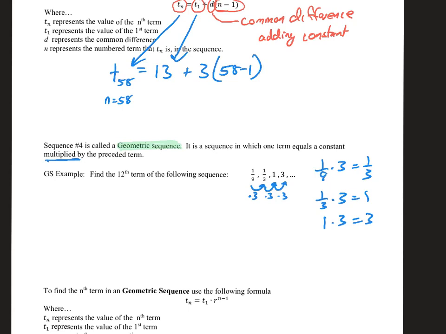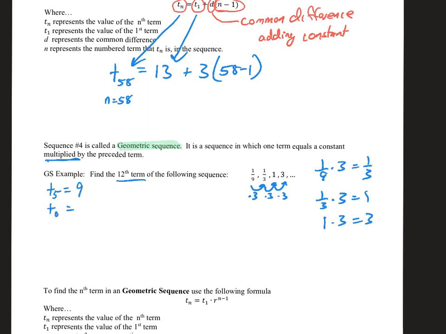Now, to find the 12th term, 12 is not that cumbersome. 12 is not that big of a deal to just grind out. Like, the 5th term, T5, would be 3 times 3, which is 9.